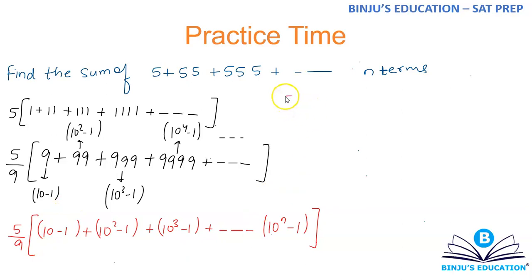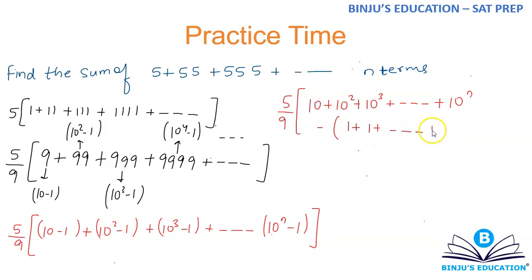So this will become 5 by 9 into (10 plus 10 square plus 10 cube and so on up to 10 to the power n), then minus (1 plus 1 and so on up to n times). Now if you have 1 n times, this will become n.